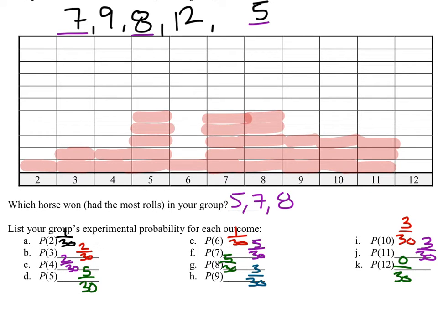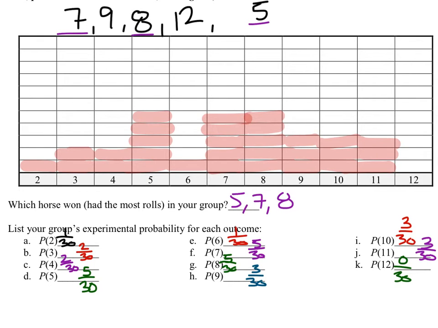So these are the experimental probabilities for all 12 of these numbers. I guess 11. Yeah. So, with this in mind now, I think we'll figure out the theoreticals.